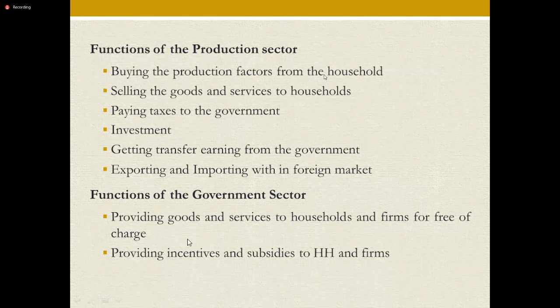What are the functions? Providing goods and services to households and firms free of charge: infrastructural facilities, medicine, free health facilities, free education. Likewise, different types of goods and services are provided by the government sector for the households and firms.